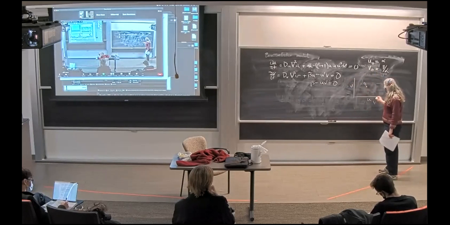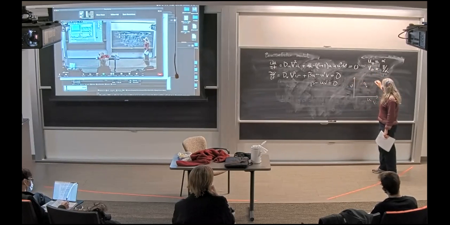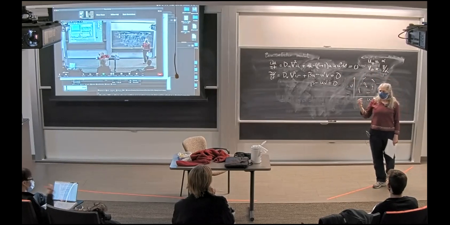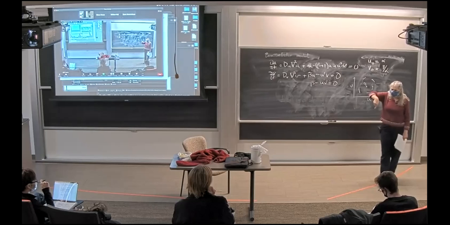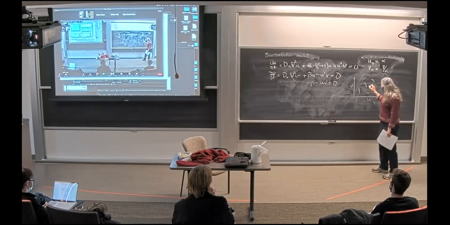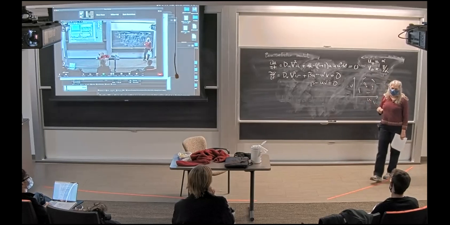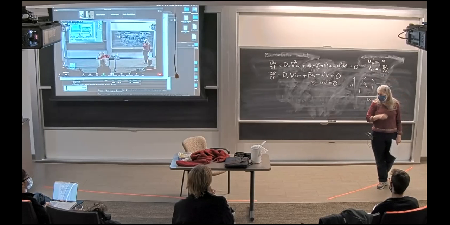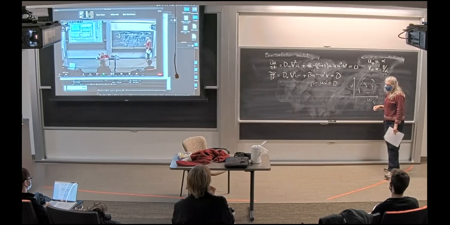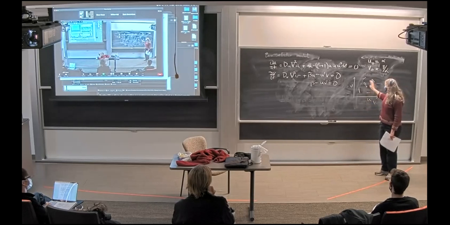So on a plot of U versus V, I can plot vectors and try to understand what the flow looks like. For any initial U and V, which direction does it go on this plot? And near the fixed point, I can ask things like, is that fixed point stable or unstable? So that's one way of looking at this problem, to try and understand the stability of the system.